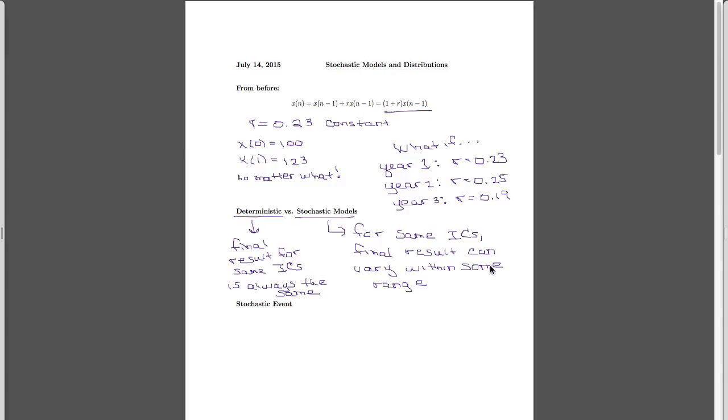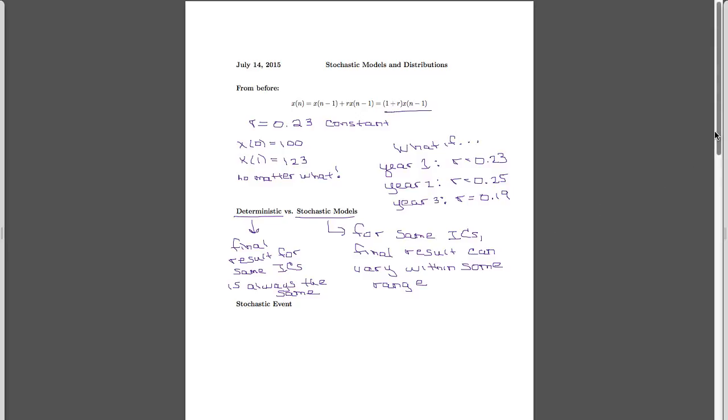So in our stochastic model for salmon, if we're allowing the growth rate each year to vary a little bit, then after 5 years, starting at 100 fish in year 0, we may have 162 fish. After 5 years, we may have 200 fish. It's not clear, right? Because it all depends on how r varies each time. But eventually, our hope is that we can figure out what a reasonable range is for that population growth over some amount of time. And so that's where the study of stochastic models comes into play.